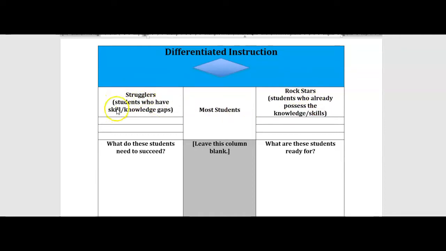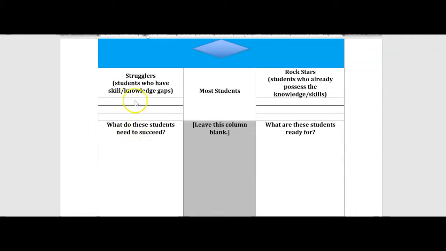Your strugglers are students who have skills or knowledge gaps. They might have reasons that they're usually behind. They might have a learning disability. They might have a language issue where English isn't their first language, etc. So you write their names here. You think about them. You're planning ahead, thinking, you know what, so and so usually just struggles for whatever reason.